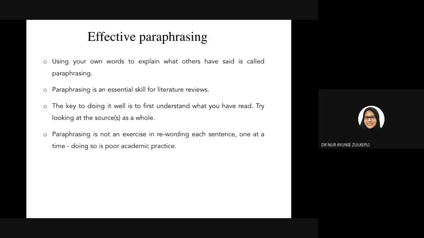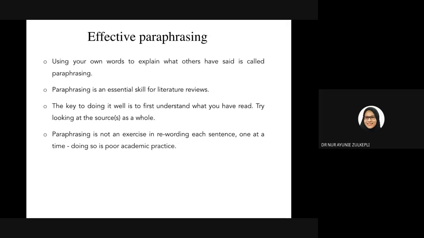Okay, paraphrasing is what? Paraphrasing is using your own words to explain what others have said. Okay, not just copy and paste, but you need to understand and explain using your own words, your understanding. It is an essential skill for literature review. I think not only for literature review, but also when you write or analyze your findings.